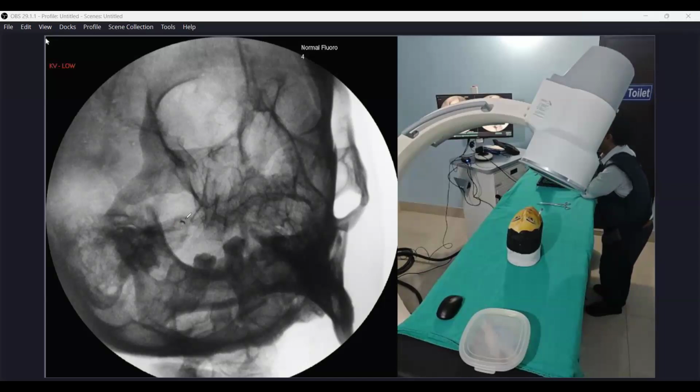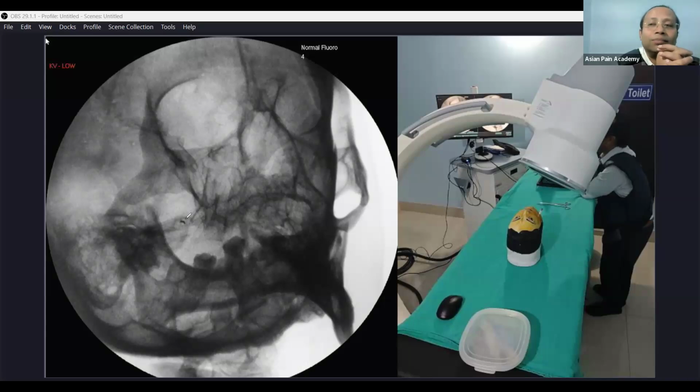Sir, since before RF we have given some amount of local anesthetic, will it affect the sensory perception? Yes.